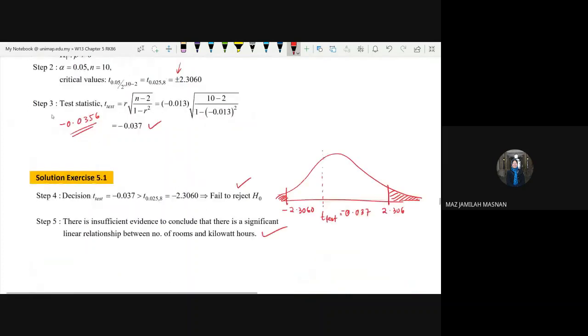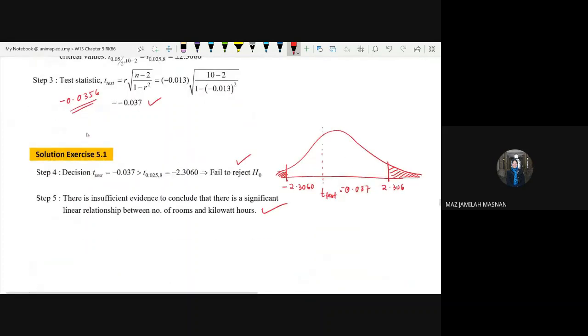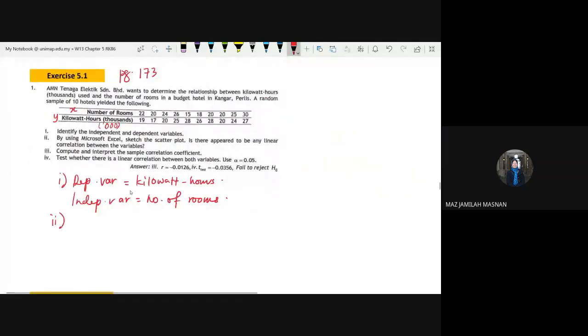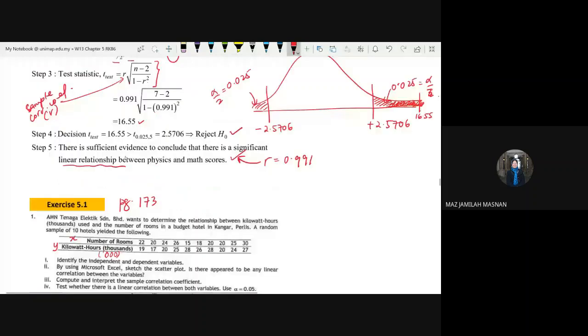Sorry class, it is actually the same, but since we are referring to our R, it is linear correlation. Correlation means hubungan, relationship is actually hubungan also, but to be precise it is correlation. So significant linear correlation between number of rooms and kilowatt hour. What would be my correlation?